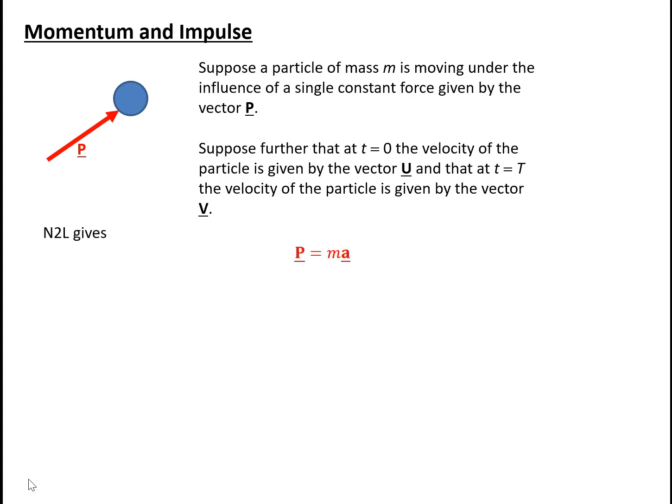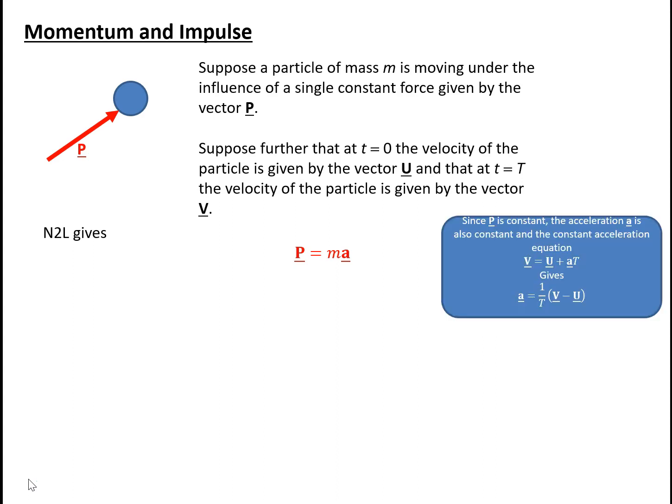Then, using Newton's second law, since p is the only force, p is equal to the mass times the acceleration. And using the constant acceleration equations, the final velocity and the initial velocity are linked by v equals u plus at, which can be rearranged to give the acceleration as 1 over t times v minus u.